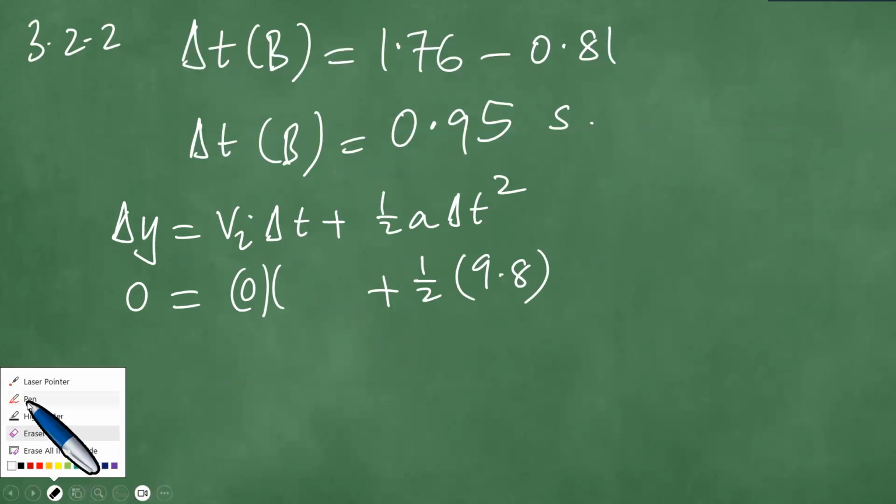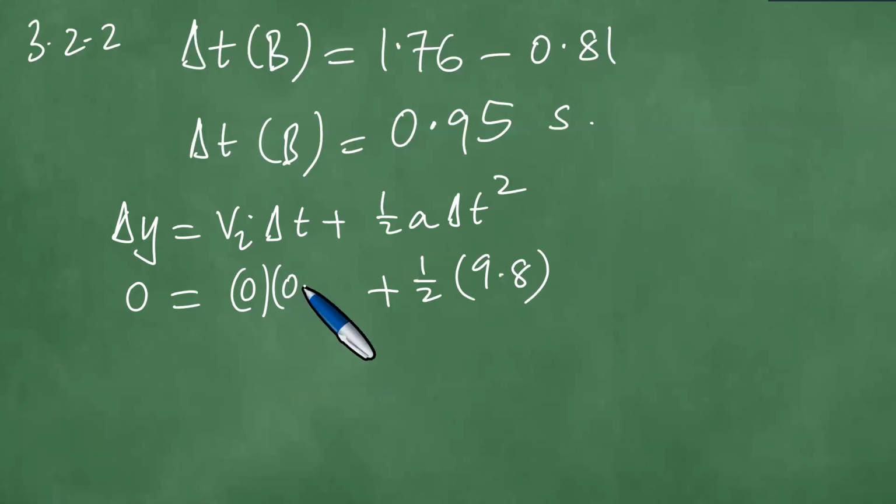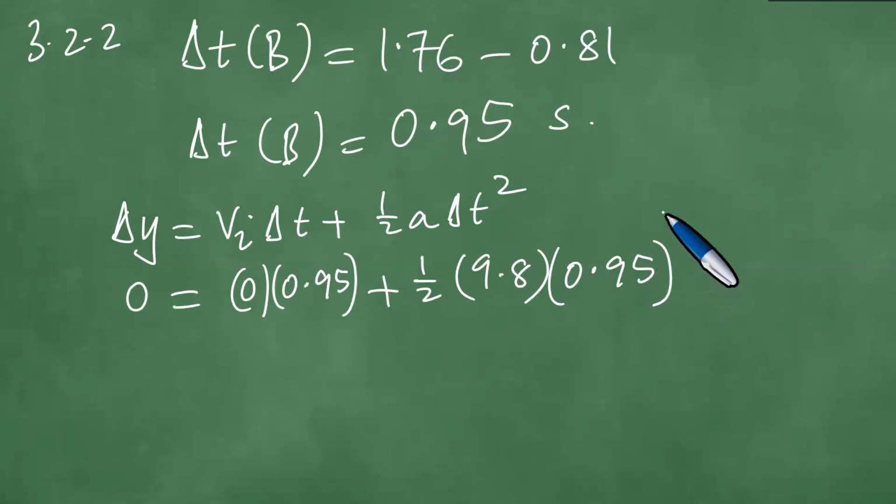B is going to be in flight for 0.95 seconds, so 0.95 squared.